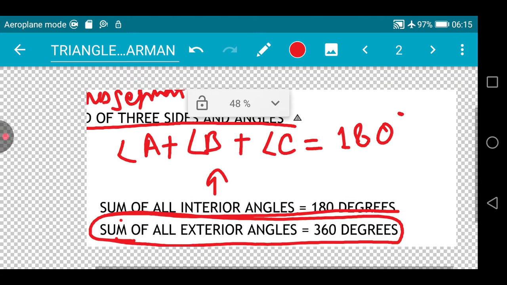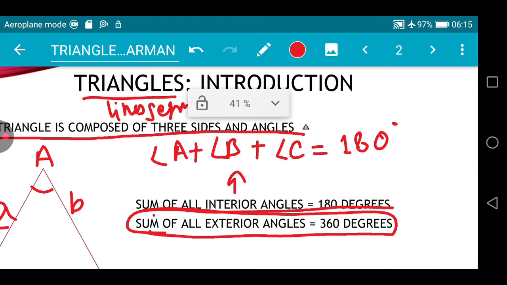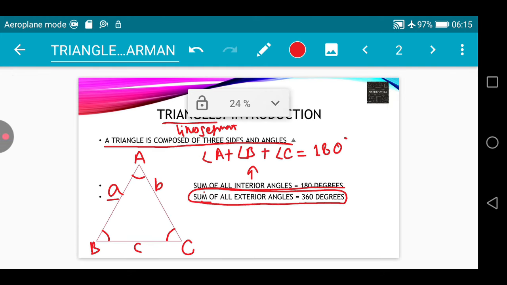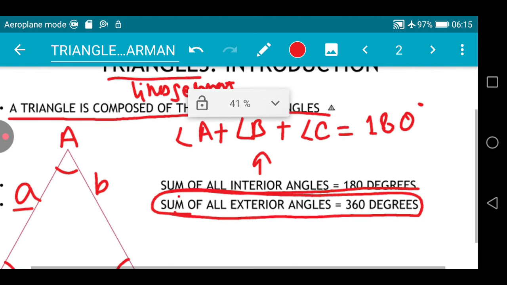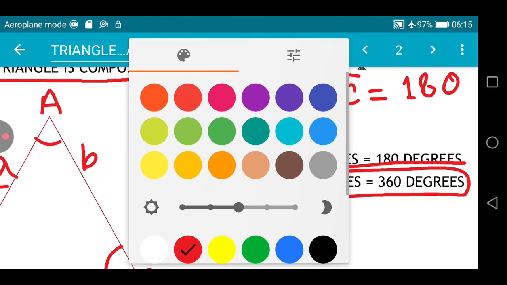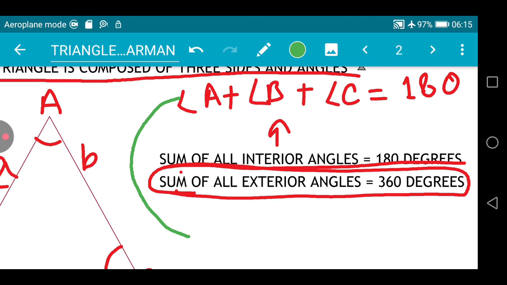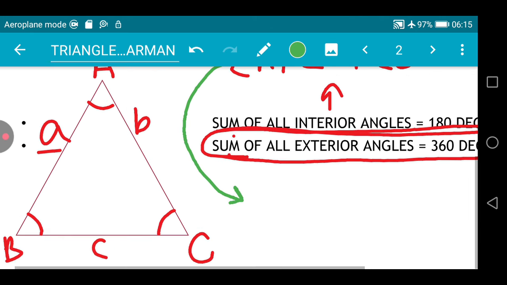So how can you prove that angle A plus angle B plus angle C is 180 degrees? Today I am going to prove that angle A plus angle B plus angle C is 180 degrees.